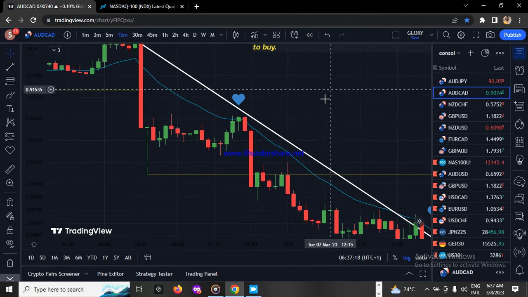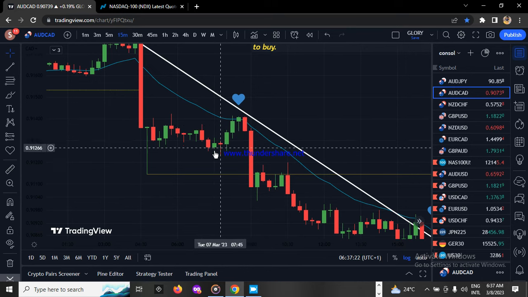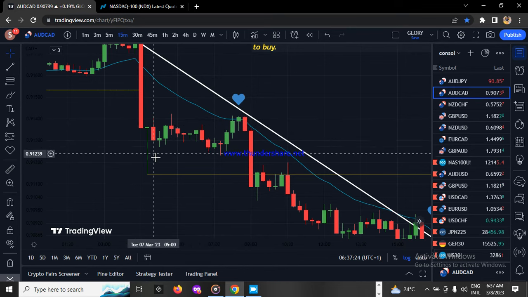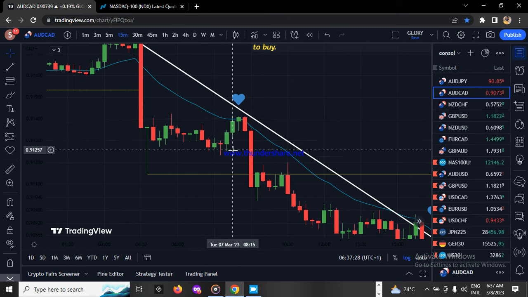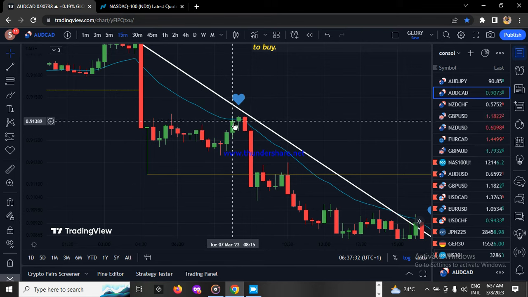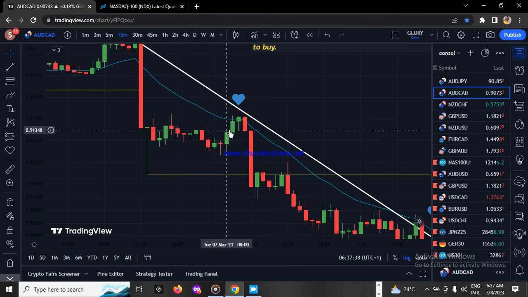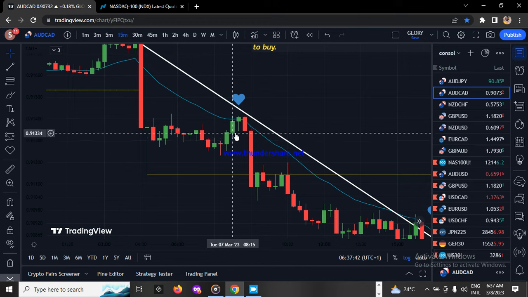But early bulls who were so eager to buy this market thought that the selling pressure was over. So immediately they saw this long bullish candle that went above this high. They entered and started buying, and immediately they were trapped. And the market fell down.